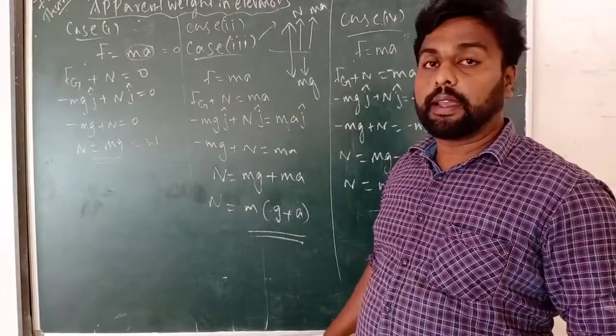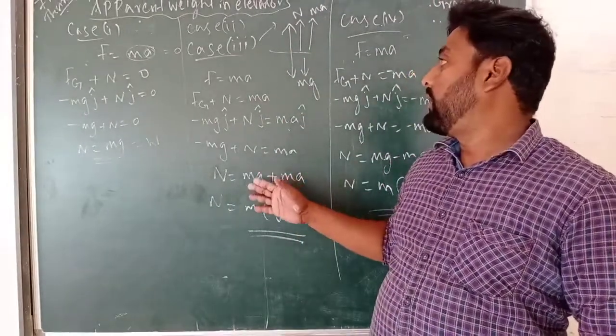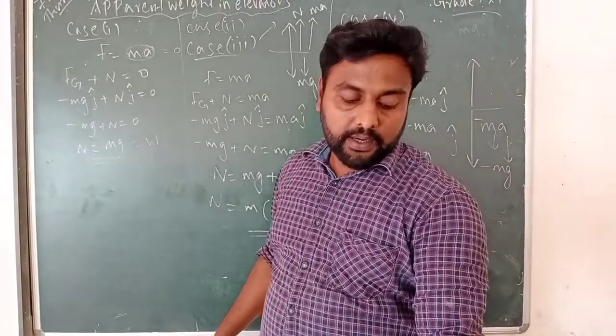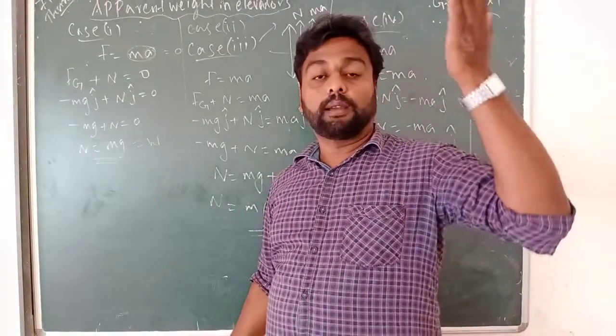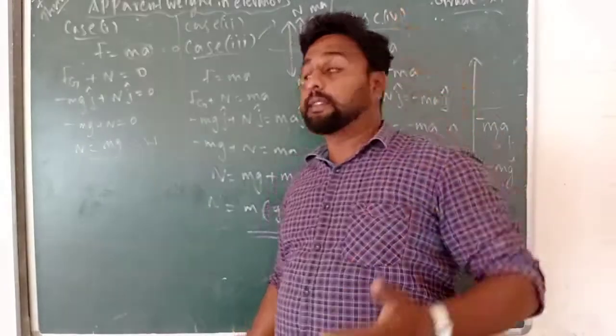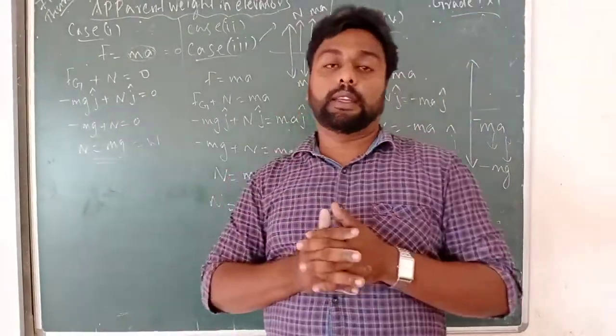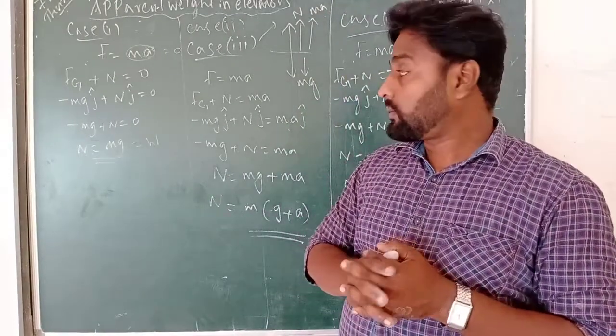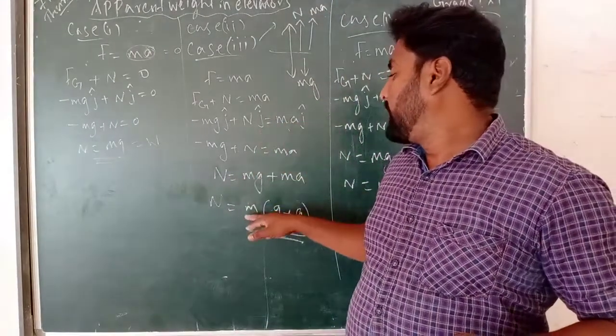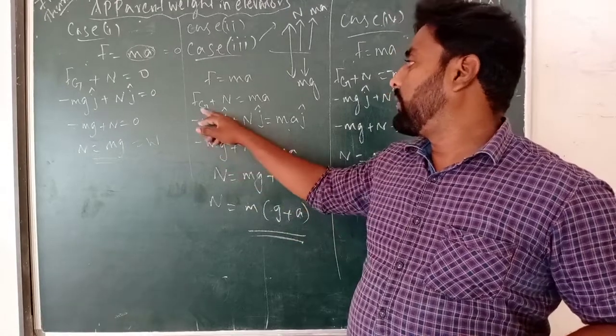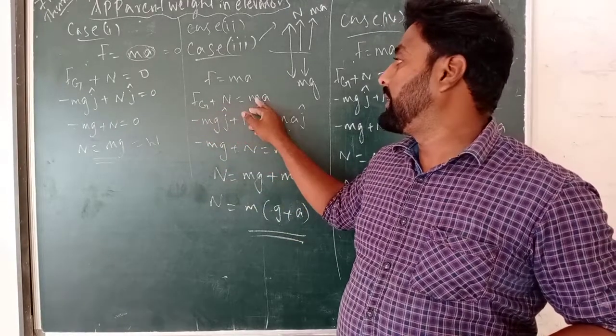The third case is when the elevator is accelerating upward. Elevator accelerating upward means a is equal to a j vector, the positive direction. So the total force is Fg plus N is equal to ma.